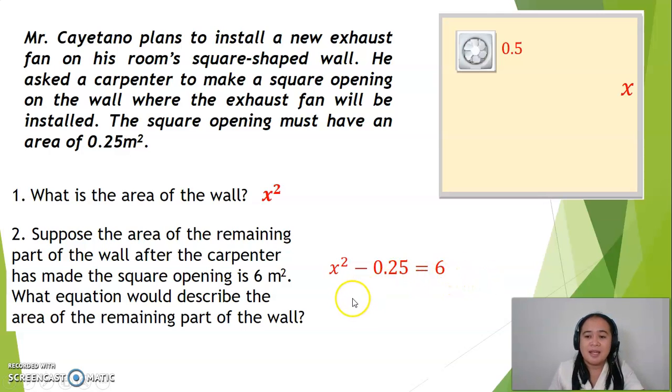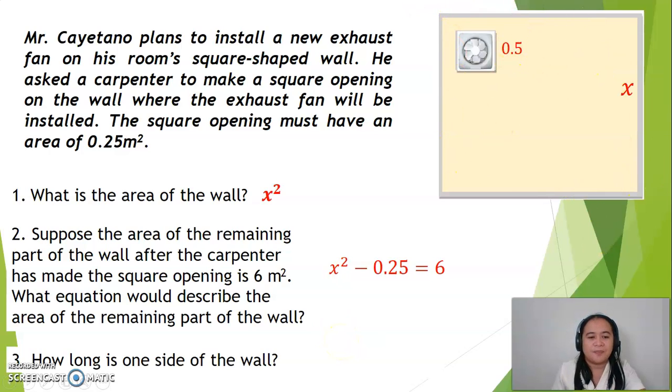So what is the meaning of this one? So this x squared is the total area of the wall minus the area of this exhaust fan opening. The result is 6. So this 6 is actually this pink shape or pink shaded area of the wall.